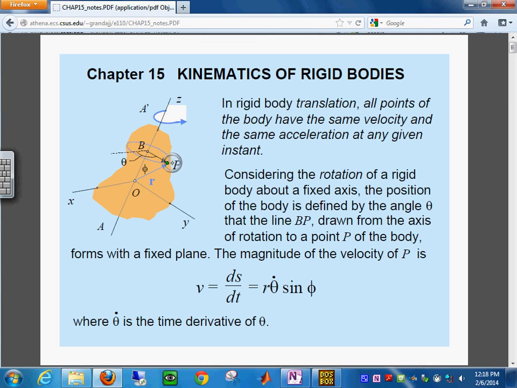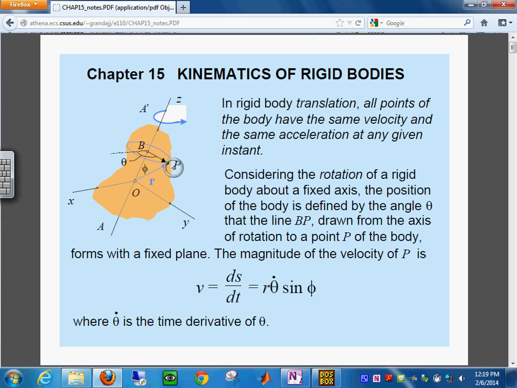The velocity of that point, obviously, if this is rotating like this, is going to be perpendicular to the distance between B and P. But there's a way of mathematically producing this, or representing it in vector form.